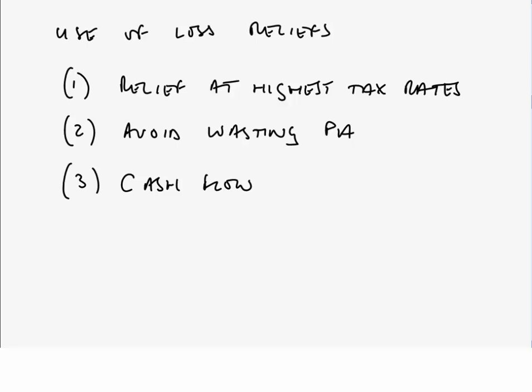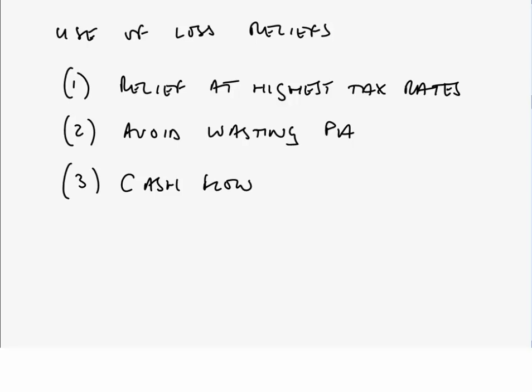So, in terms of last time's example, we showed that you have available relief against total income in the current tax year and/or in the preceding tax year. Because this year's income was low, less than the personal allowance, we made no current year claim.